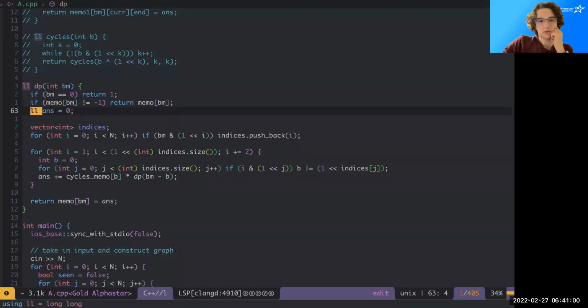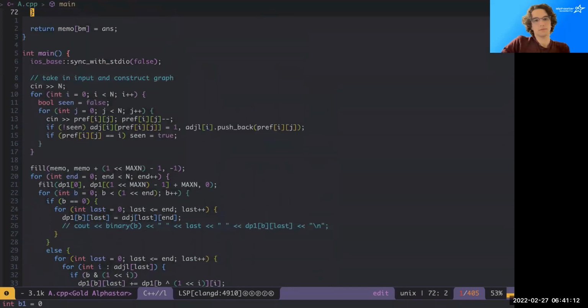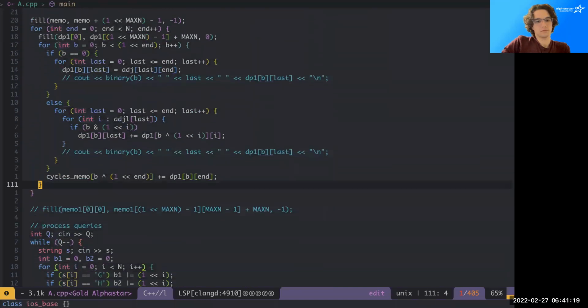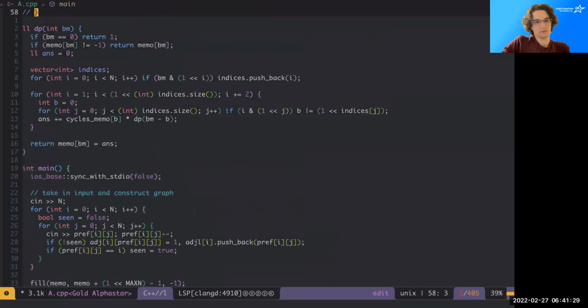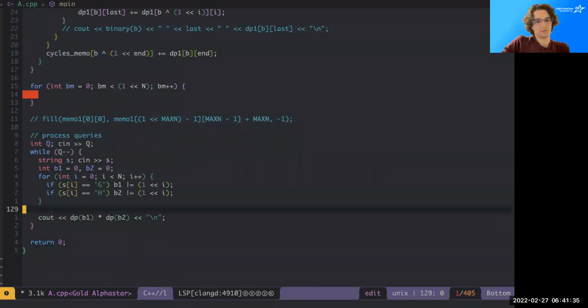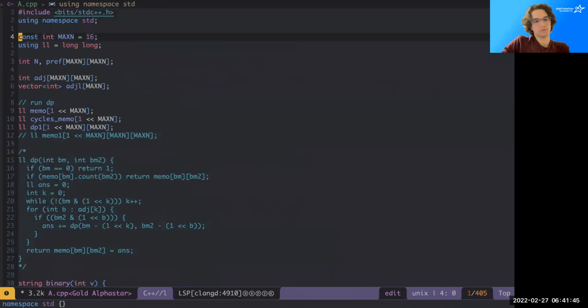Maybe we'll get another improvement. Okay, what is this?